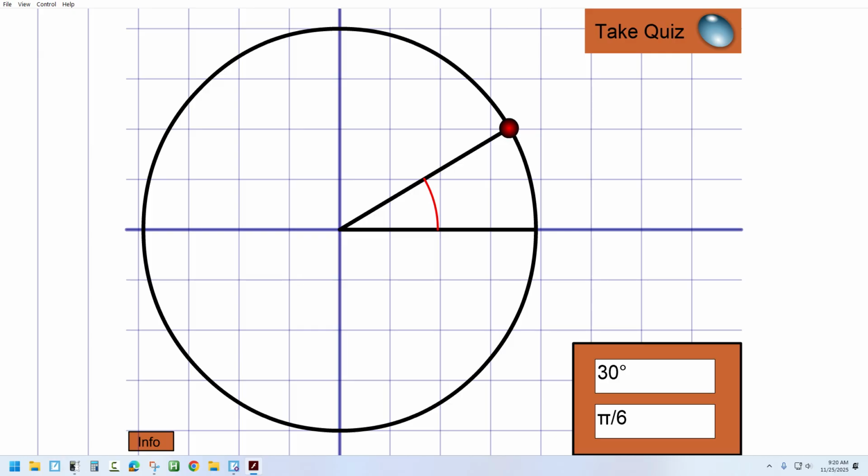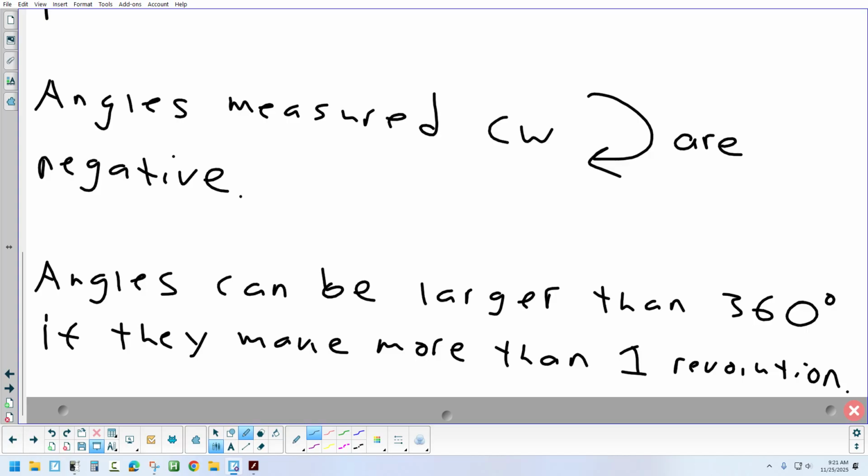So when we get to converting between degrees and radians, pi is going to be something that comes up quite a bit. You'll notice it again when you get to 45, and again when you get to 60. So angles that are multiples of 30 and 45, there's a lot of special things going on that we use quite a bit.